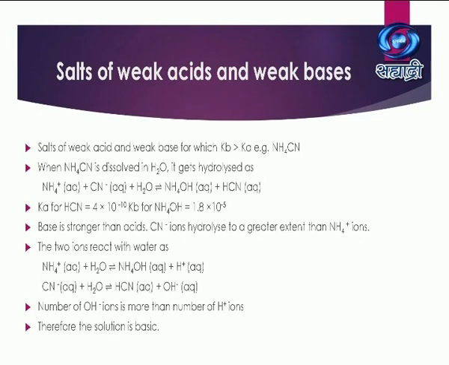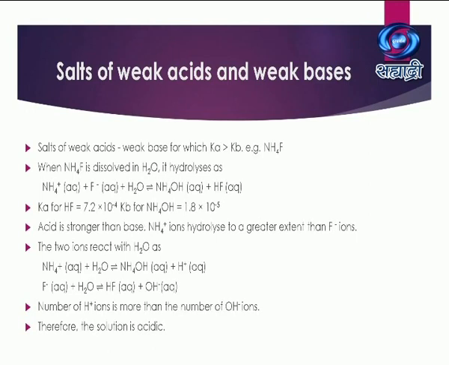So the two ions react with water as NH4 plus plus H2O reversibly gives NH4OH plus H plus, and CN minus plus H2O reversibly gives HCN plus OH minus. Now the number of OH minus ions is more than the number of H plus ions. So this solution is alkaline.